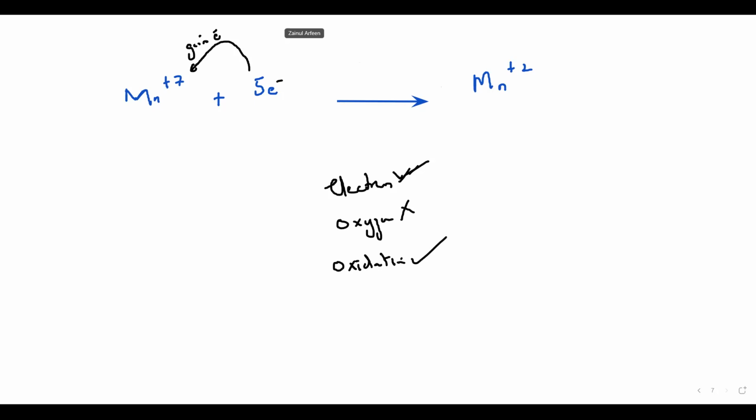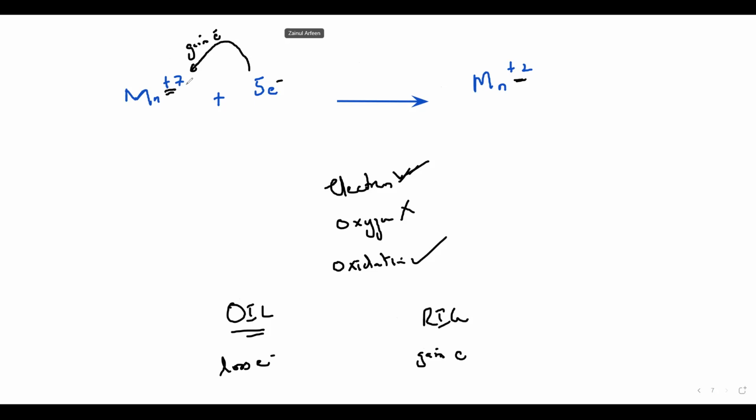It's a gain of electron. Mn plus 7 becomes Mn plus 2. What do we call this change? Oxidation or reduction? Remember from OIL RIG, oxidation is a loss of electron and reduction is a gain of electron.